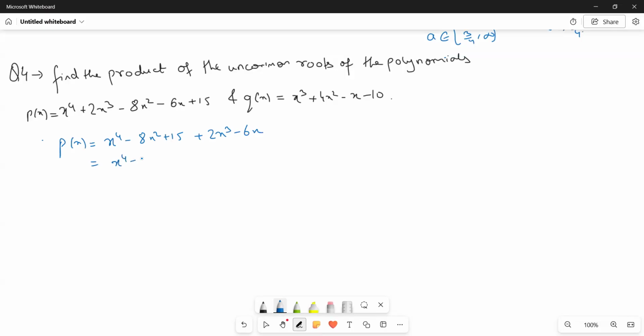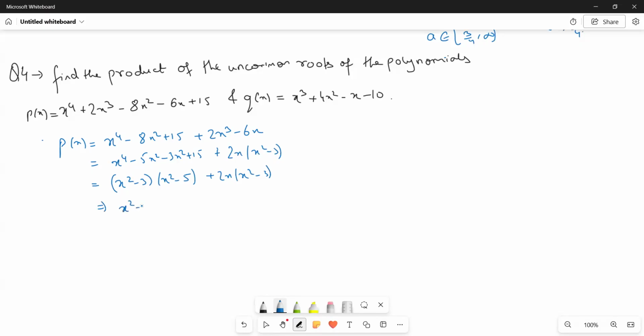So it will be like writing x power 4 minus 5x squared minus 3x squared plus 15, and यहाँ से आ जाएगा plus 2x taken common, x square minus 3, and this will end up becoming x square minus 3 into x square minus 5 plus 2x into x square minus 3.